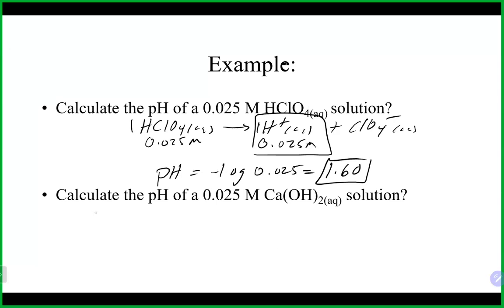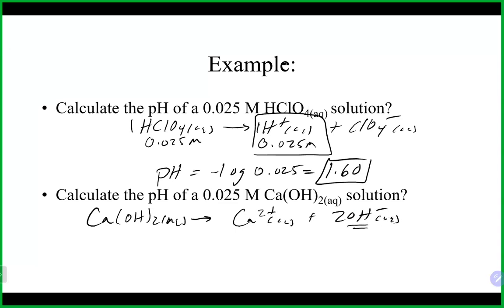This is a strong base, which means when it breaks apart, we will get a calcium ion, and we actually will get 2 hydroxide ions. Remember, with a base, it is the hydroxide that's the important thing. And if this is 0.025 molar, it's a 1-to-2 relationship, which means, as we talked about with concentrations, you actually need to multiply the concentration by 2 to get the proper concentration. So that's going to be 0.025 times 2, going to give us 0.05 molar.